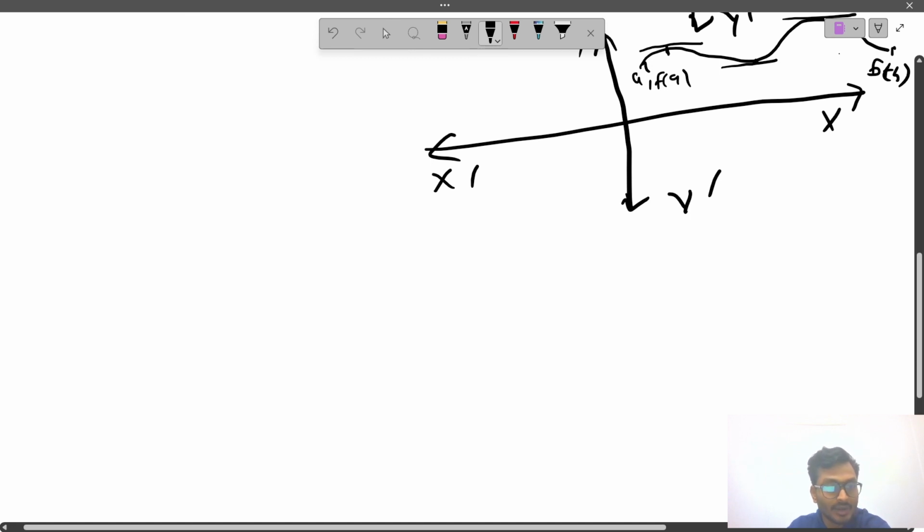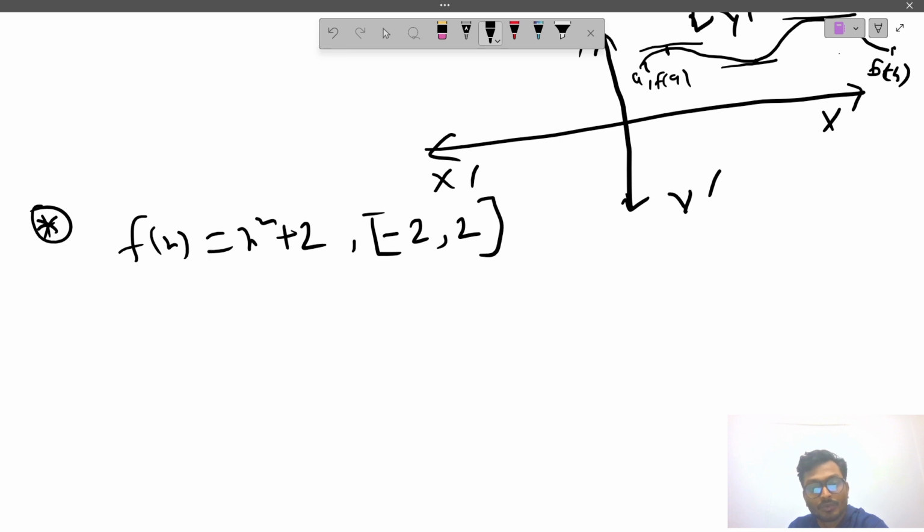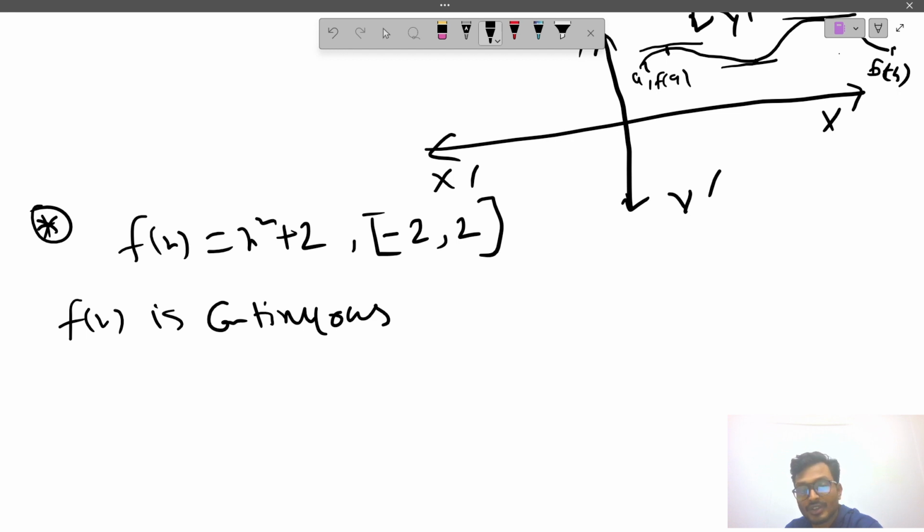Now let us take a mathematical example. Suppose f(x) is x squared plus 2 on the interval [-2, 2]. We apply Rolle's theorem here to see if it is applicable for this function or not, right? Here f(x) is continuous because it is a polynomial function, so it is continuous on [-2, 2].